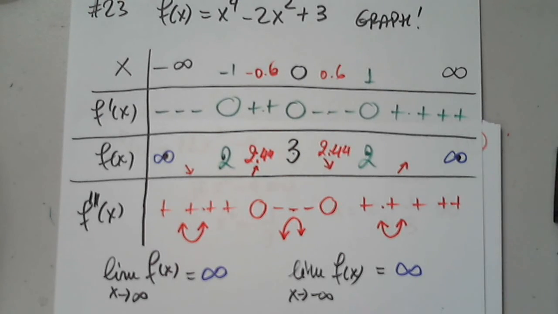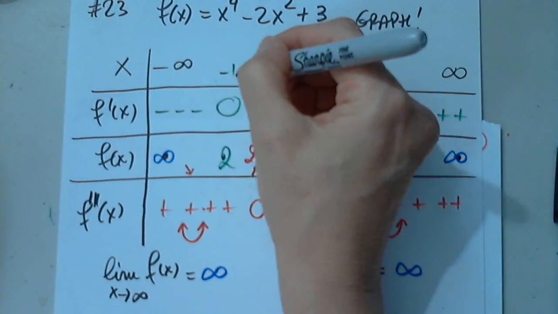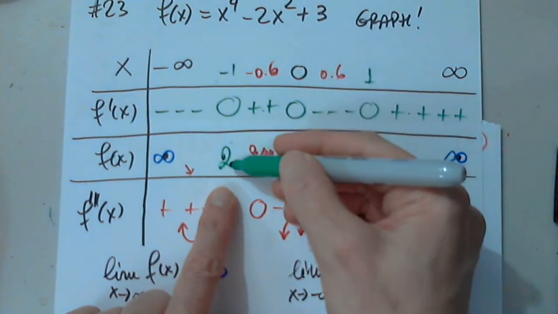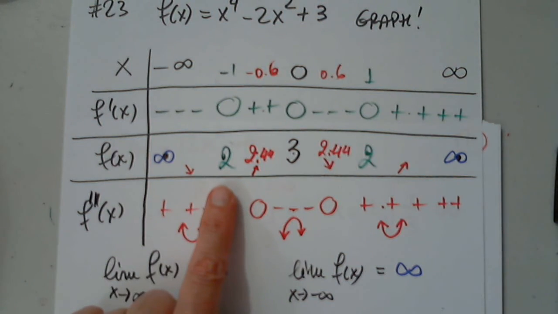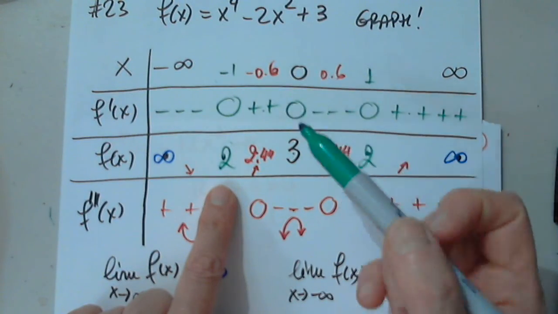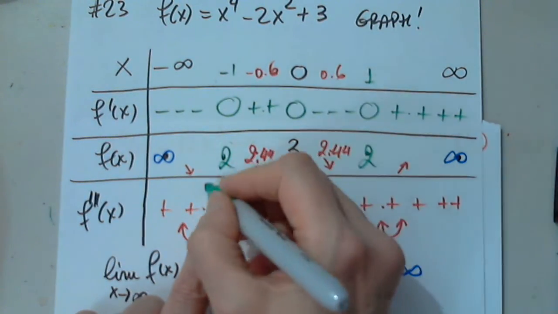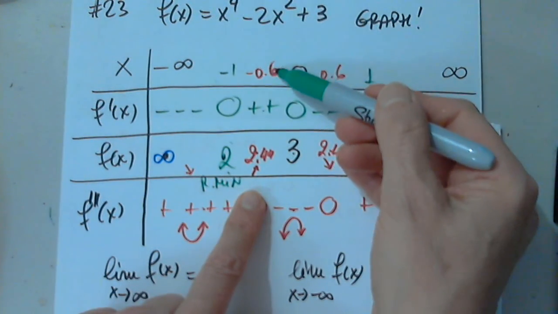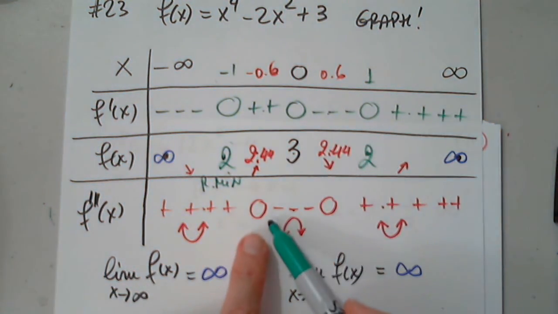So can anyone tell us what point is negative 1, 2? What type of point is it? It's a relative minimum. Yes, perfect. What type of point is negative 0.6, 2.4?